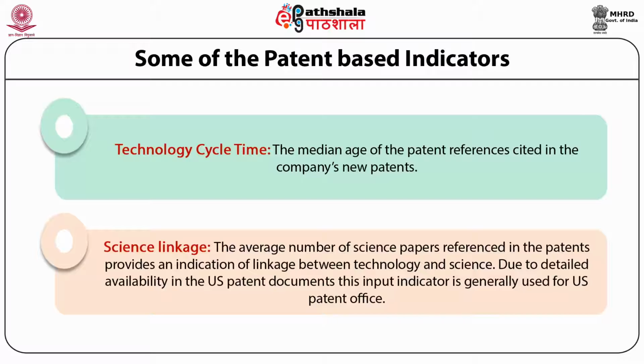Another indicator which is very useful shows whether your patents are built on a scientific interface. It tells us, through the average number of papers that your patent cites. In emerging technologies, we will always be talking of technologies where the science interface is very high, say nanotechnology, biotechnology, specialty chemicals.